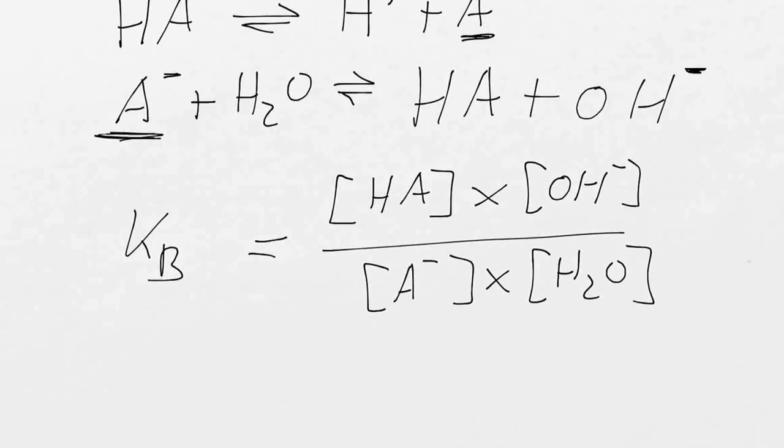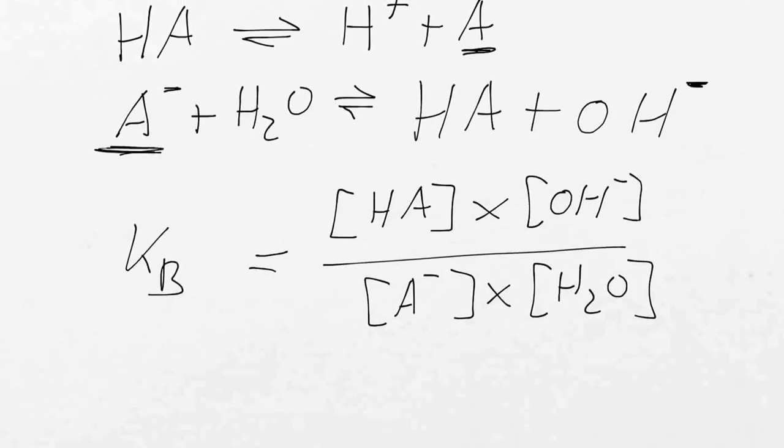And now we are going to do something really, really filthy and dirty. It's taboo. Let's do Ka times Kb. So what did we say for the Ka if you go back in your notes?